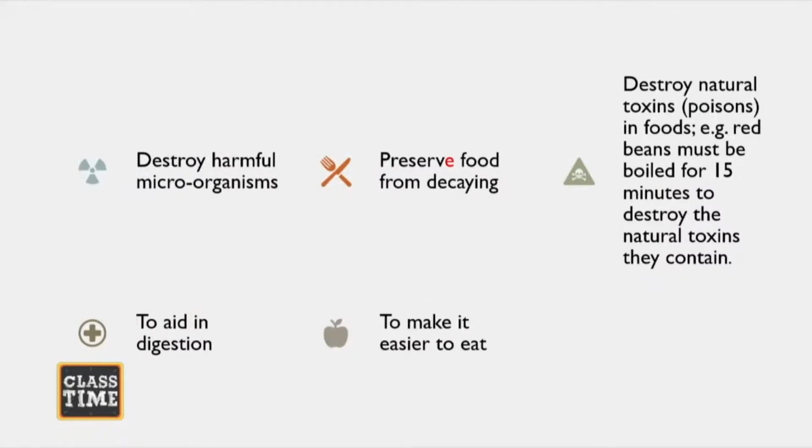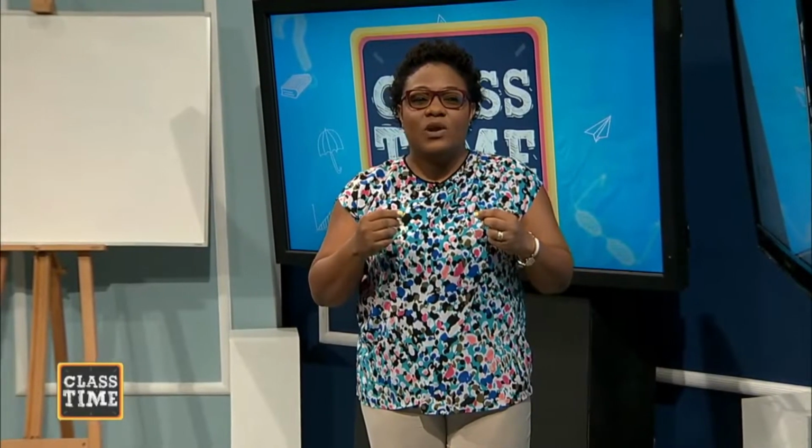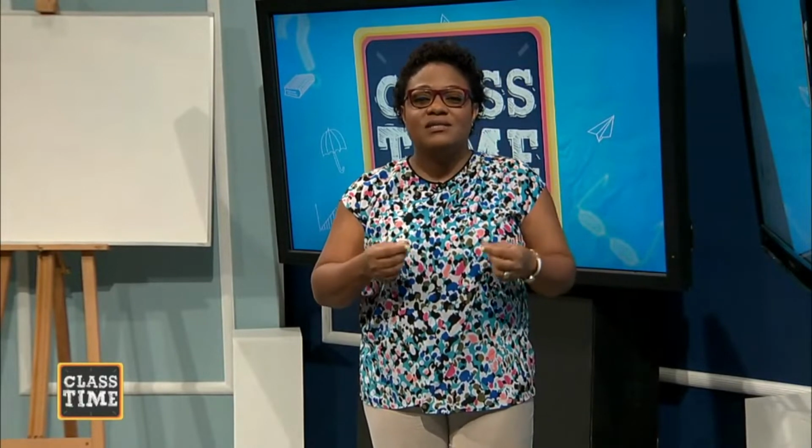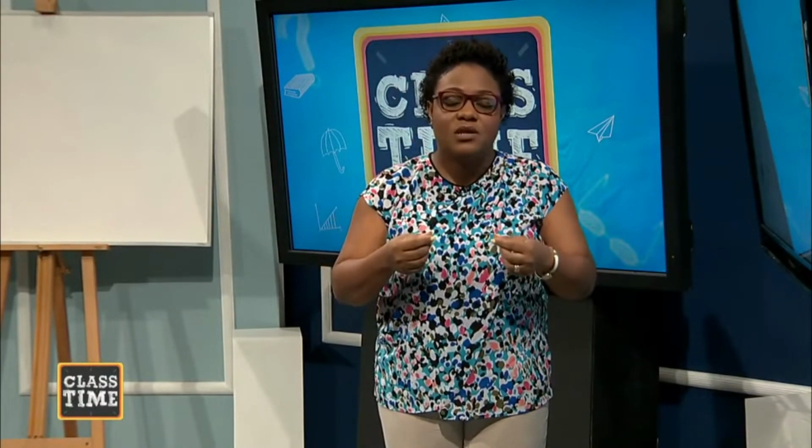We also cook to preserve food from decaying. Now, we know when it's ackee time, mango time, we have all of this in surplus. When you do not cook foods, they will continue to ripen in their raw state because you have enzymatic actions happening in the foods.